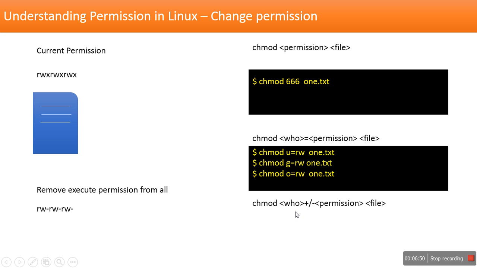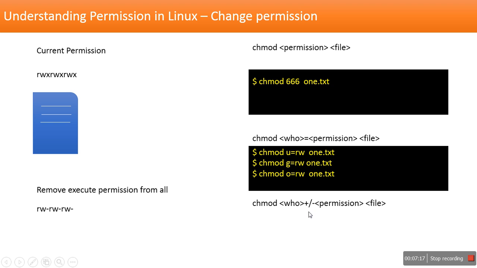Or there is one more syntax. If you use this expression with equals, it means whatever permission that file has will be replaced by the new one. But this syntax lets you add or remove from the existing permission.